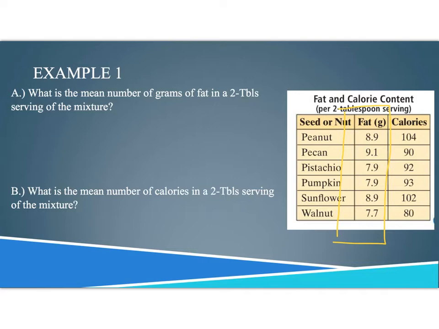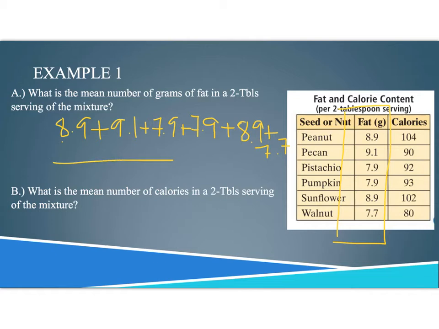So I take 8.9 and add that to 9.1, and we add that to 7.9, and another 7.9, and another 8.9, and another 7.7.